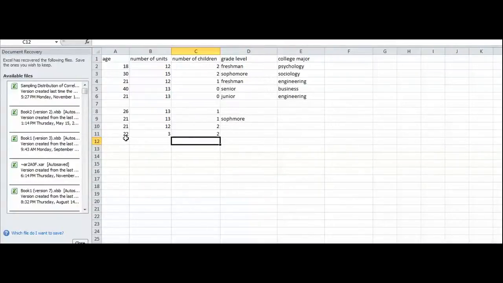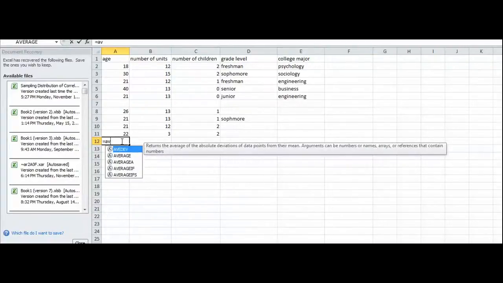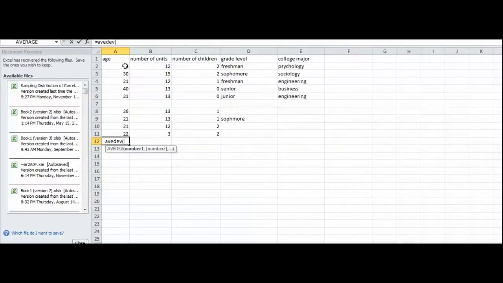What about mean absolute deviation? Excel calls the mean absolute deviation the average deviation, so it's AVEDEV. Type in the left parenthesis. Drag it across, and the H column has more spread or more dispersion compared to these two columns.